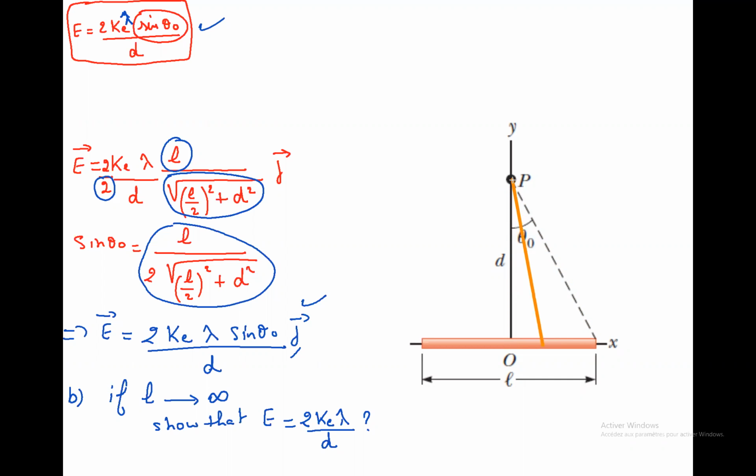So if we increase the rod to infinity, the angle theta 0 must be equal to 90, because the rod in this case goes to infinity.